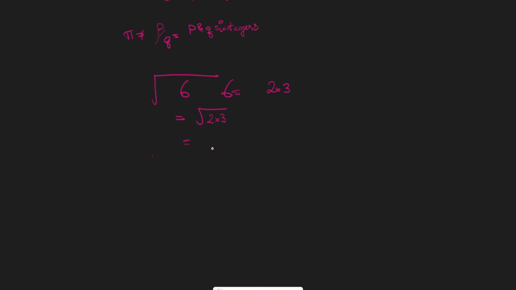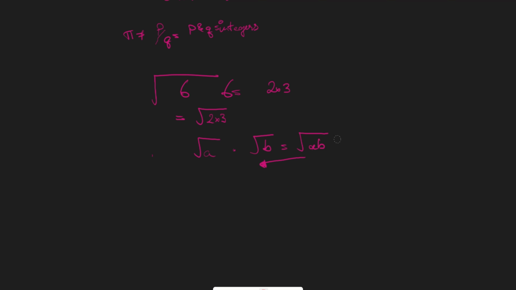Now we know root of a times root of b can be written as root of a b. So we can work this backwards as well. That root of a into b can be written as root of a times root b.